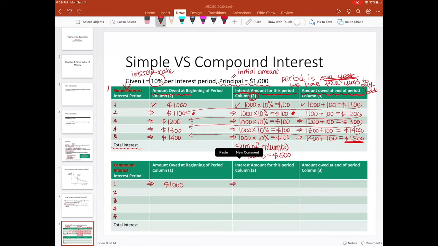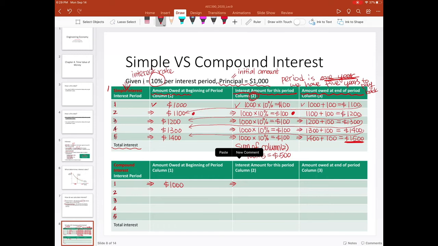So by definition, compound interest means every time you calculate interest, you need to use the principal, the initial amount you borrowed, plus the interest in the previous period. But now we're in the first period, first year. So we have not collected any interest at all, which means the interest for the 0 year is 0, right?